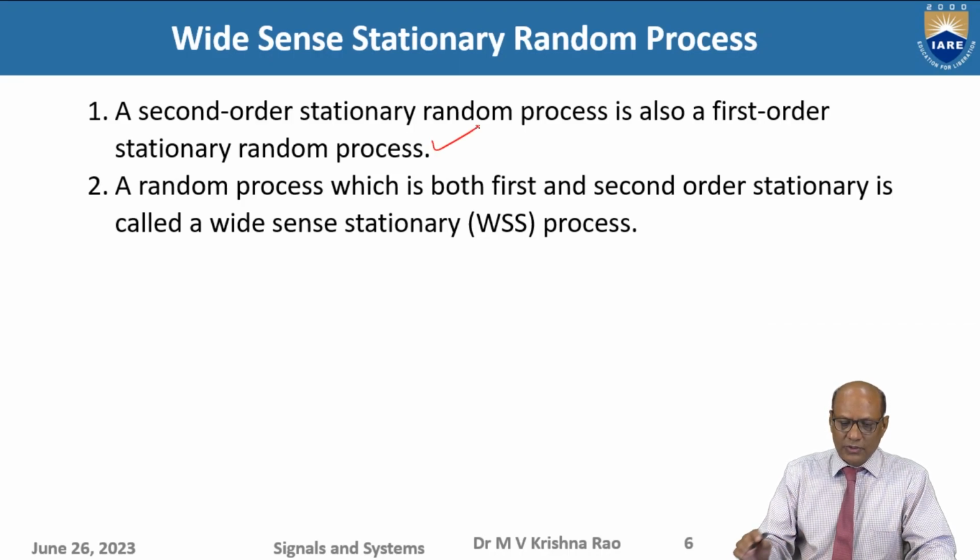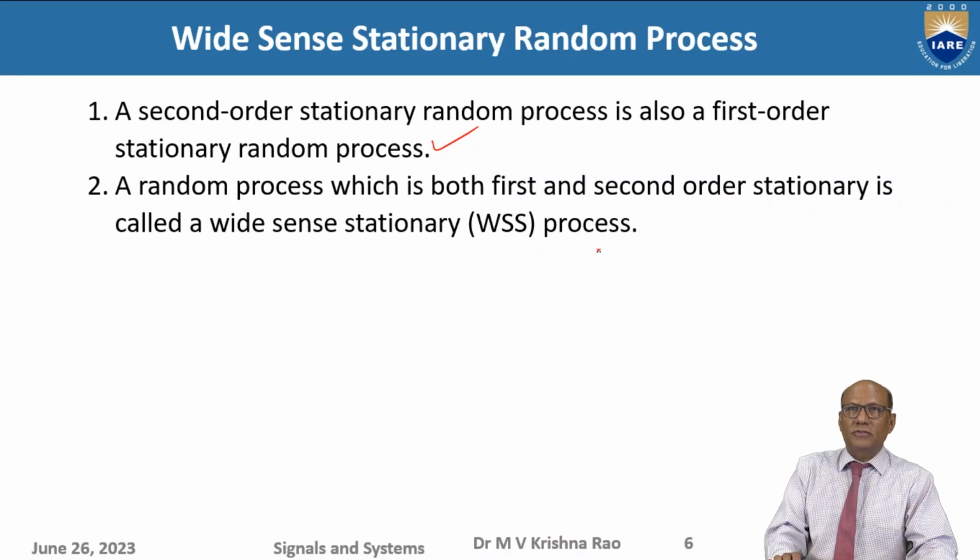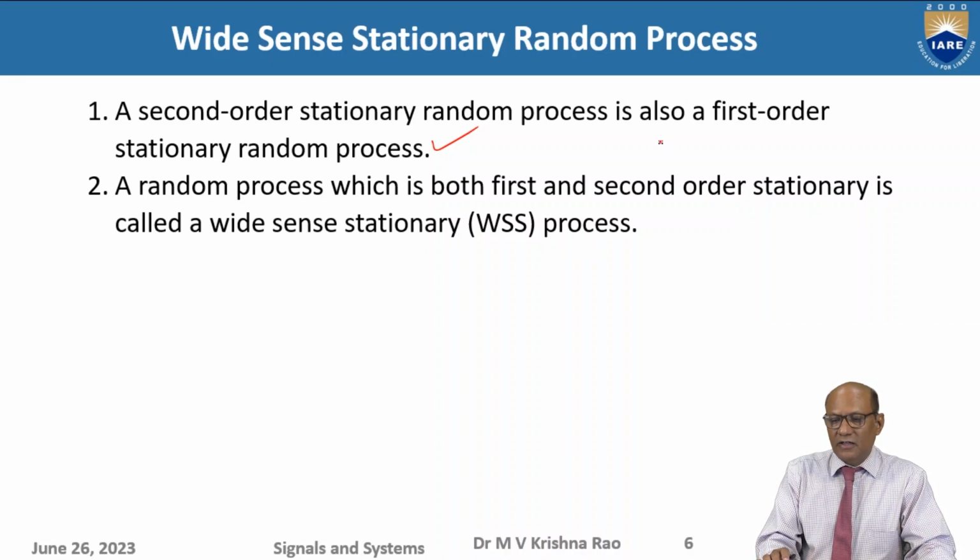That is the important point. Another thing: a random process which is both first and second order stationary is called a wide sense stationary process. Once second order stationarity is satisfied, first order stationarity is also satisfied, and if both are satisfied, that kind of process is called a wide sense stationary process.